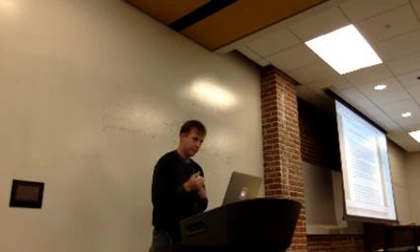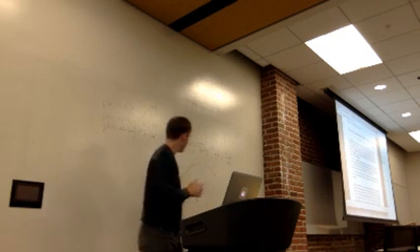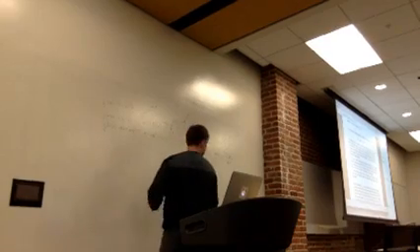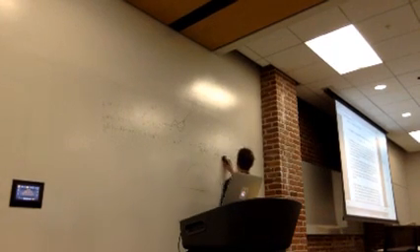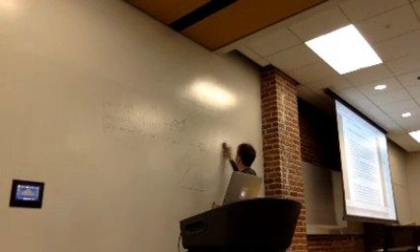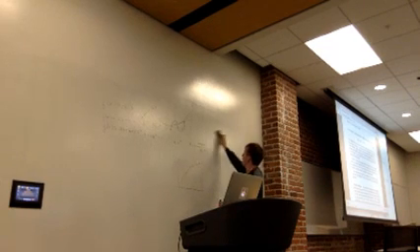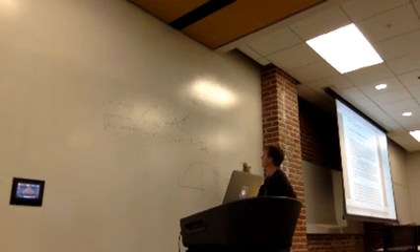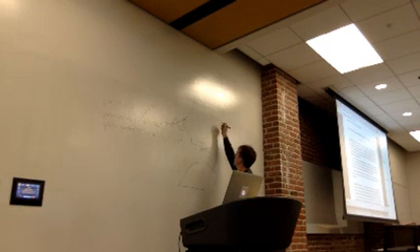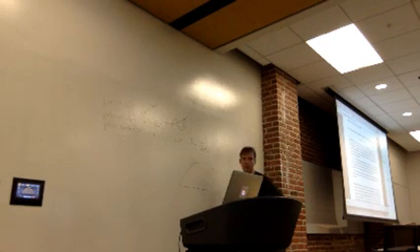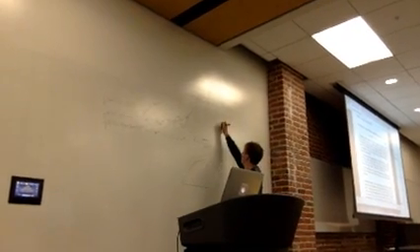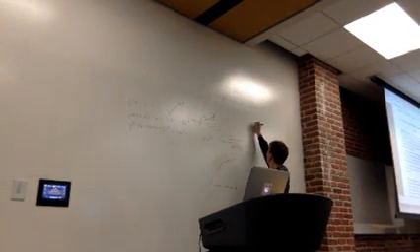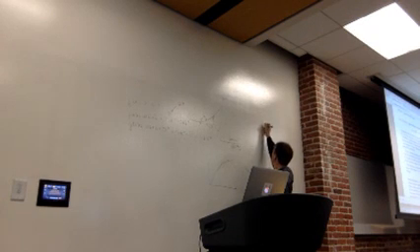Okay, so what is an estimator? As a simple example, suppose I have a coin and I'm throwing it and I want to estimate the probability of the coin landing heads. And I get something like heads, heads, tails, heads, heads.